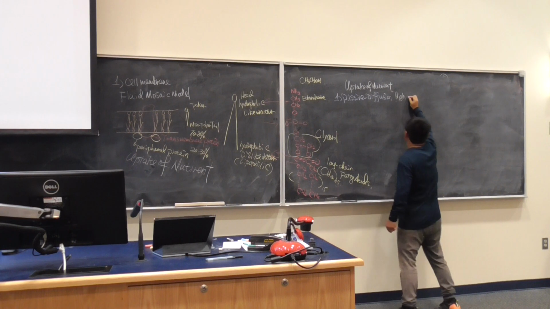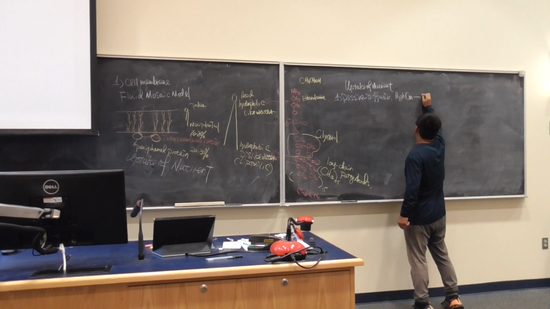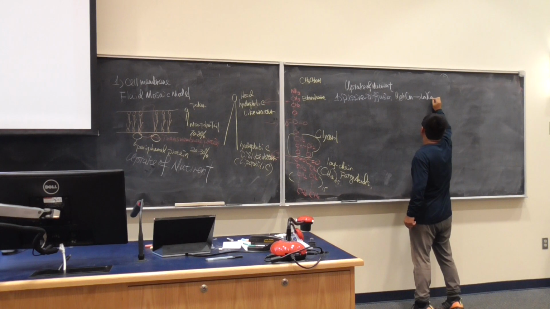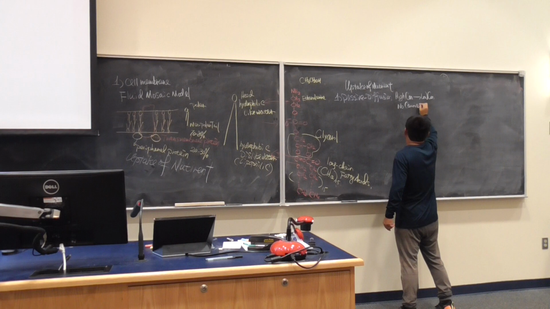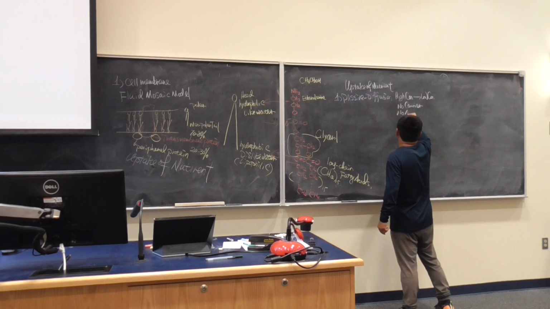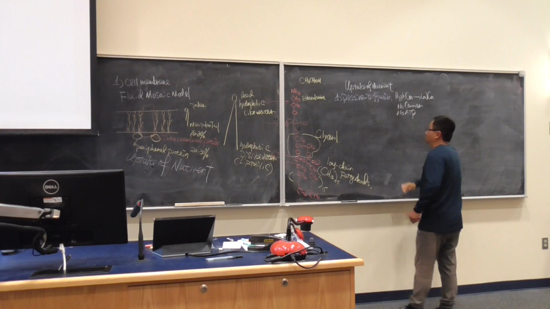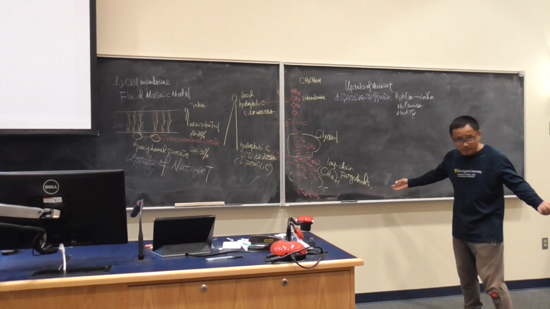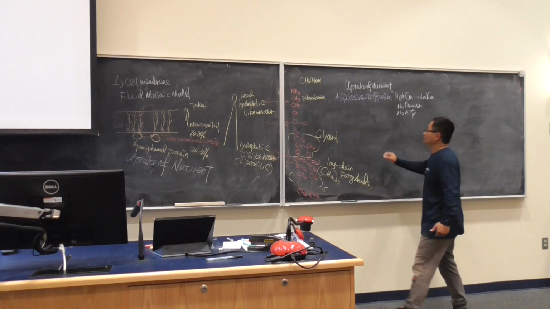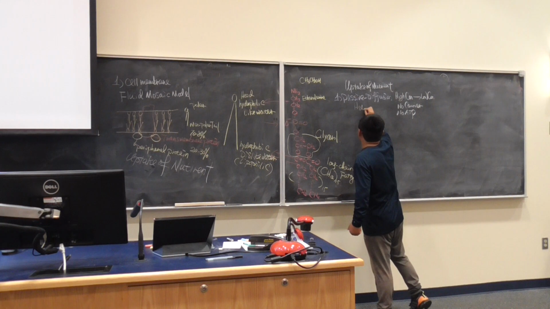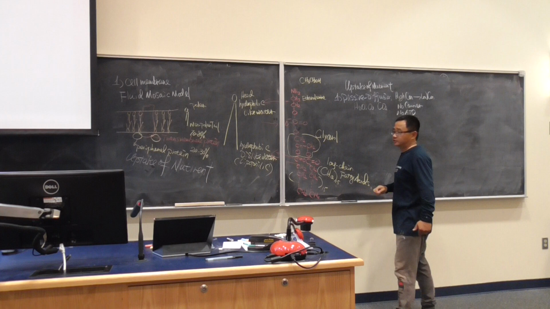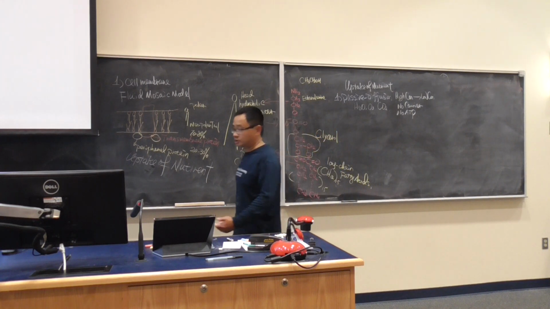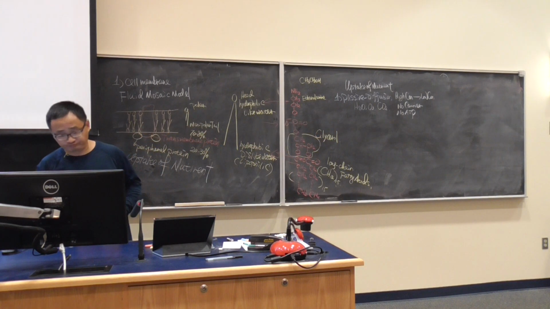From high concentration to low concentration, no carrier, and no energy currency, which means no ATP. What are the chemicals used in passive diffusion? Water, oxygen, carbon dioxide, those very basic chemicals. They use passive diffusion. This is the first one, everybody knows.